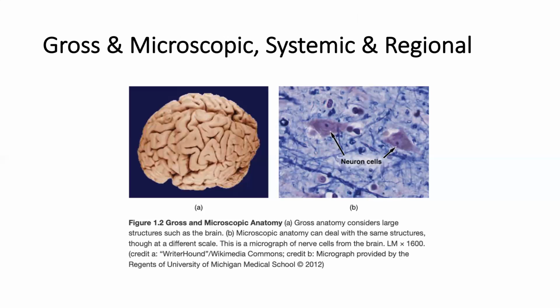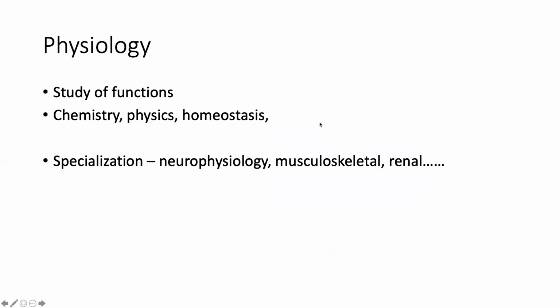That means if we are doing regional anatomy for the thorax, we will be studying the heart and lungs. So we have systemic anatomy and regional anatomy, and whether with the naked eye we see gross anatomy, or using the microscope we see microscopic anatomy.